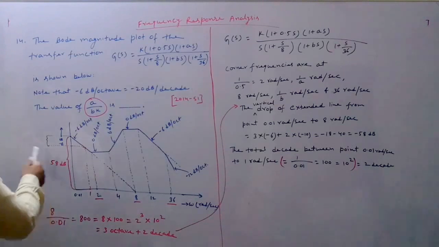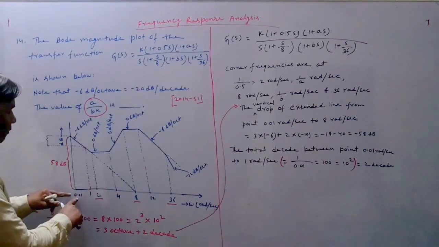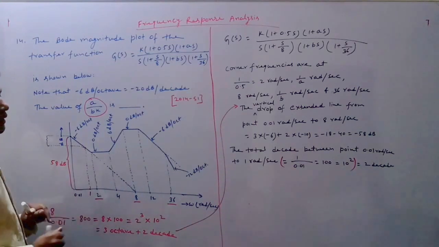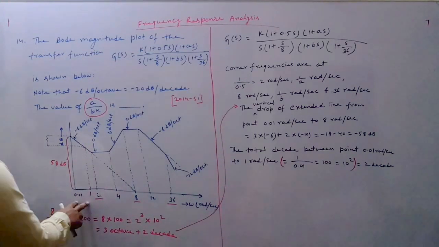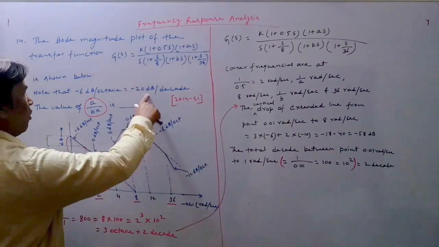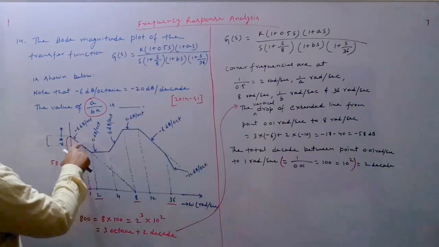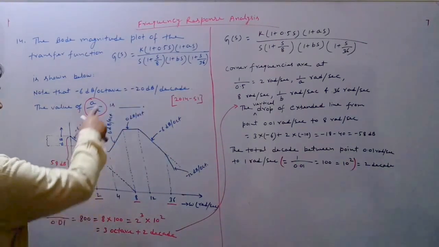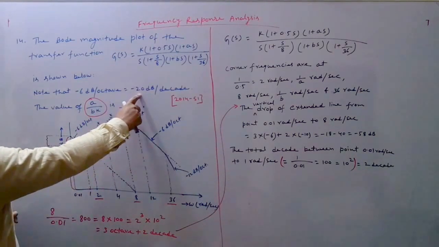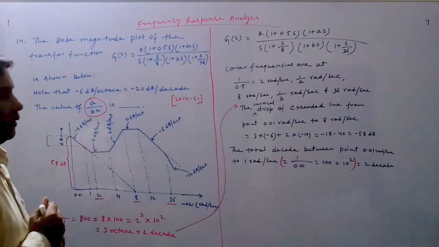So what will be this drop? Since the distance between point 0.1 to 1 is 2 decade, the drop will be due to 2 decade, and in 1 decade the drop is minus 20 dB per decade, because the slope is minus 20 dB per decade here. So the drop will be minus 20 multiplied by 2. So this drop will be 40 dB.